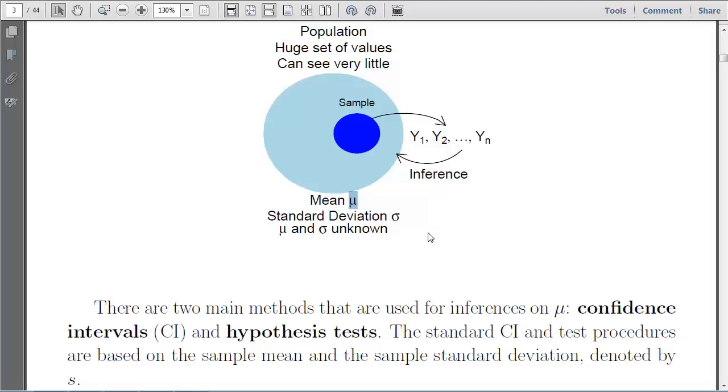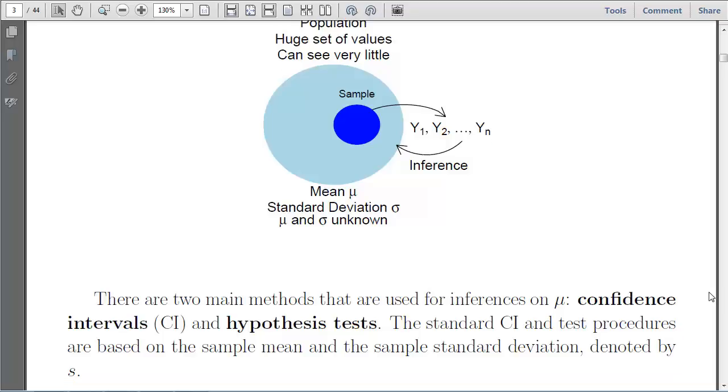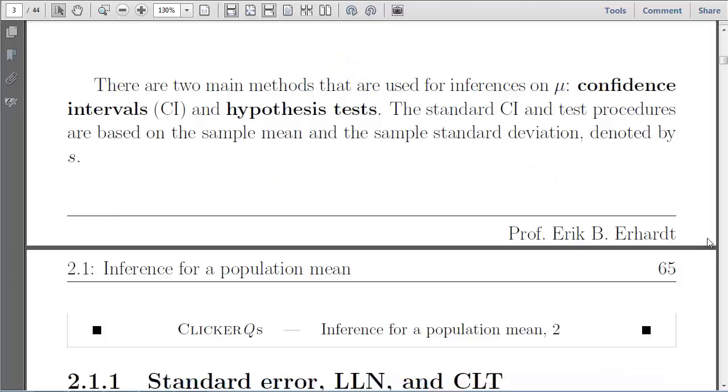Then we will perform a test and either have enough evidence to reject that hypothesis that it equals 0 and conclude that it equals something else, or we will say that we have insufficient evidence to reject the null hypothesis that we've stated, that it equals 0. And you can, of course, specify in your test that mu equals any possible value, just using 0 as an example.